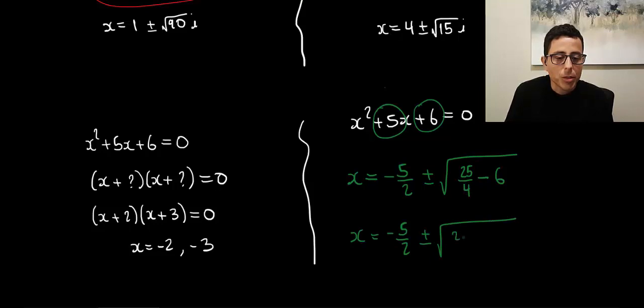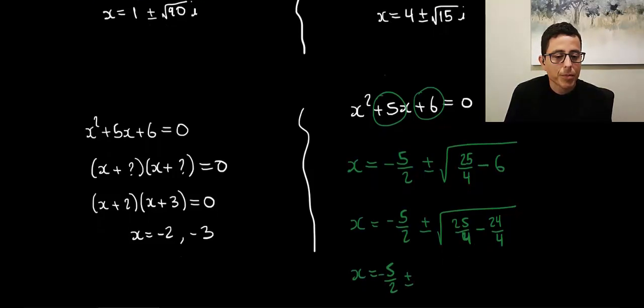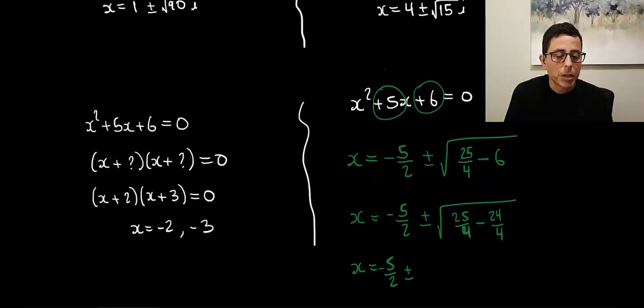So a little bit of work we can do here. This would be 25/4 minus, and finding the common denominator, that's going to be 24/4. So we multiply top and bottom by 4, and then finally this is -5/2 plus or minus the square root of 25 minus 24, which is 1/4.